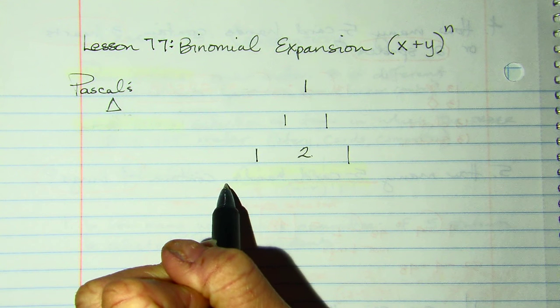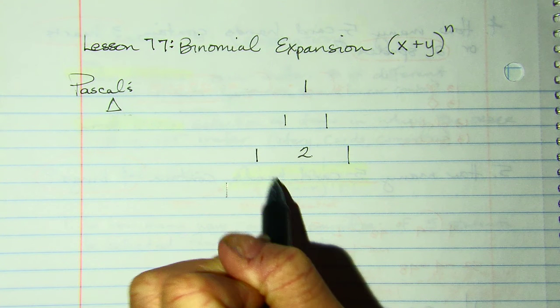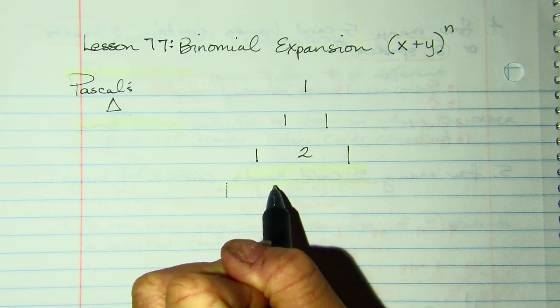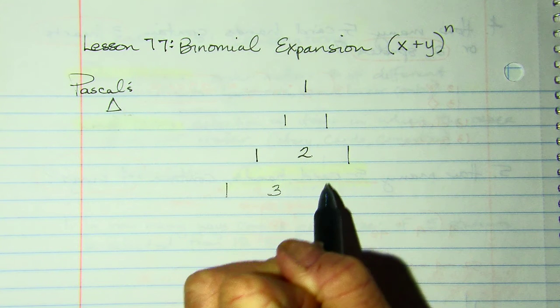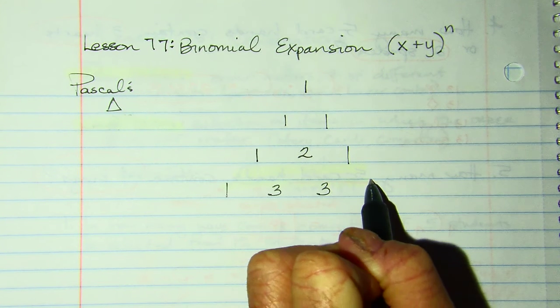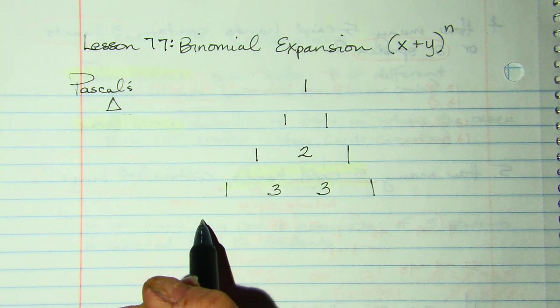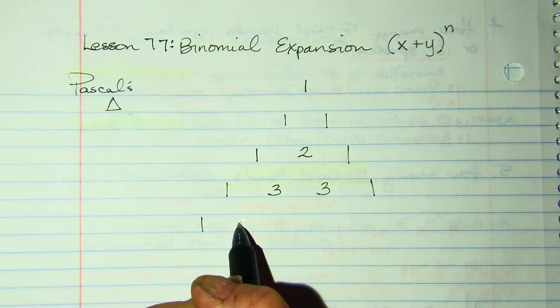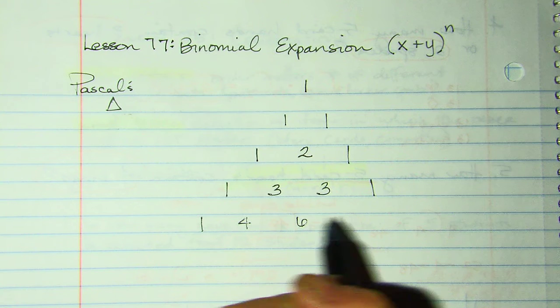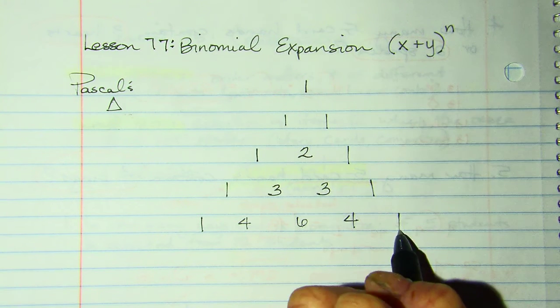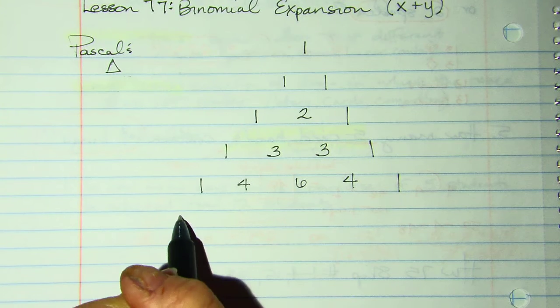Next row, every row begins with a 1, but the next number is the sum of the two above. So 1 plus 2 is 3. 2 plus 1 is 3, and every row ends with a 1. And we stagger it so that it forms a triangle. So the next row begins with a 1, the sum is 4, the sum is 6, the sum is 4, the sum is 1. And we can keep going indefinitely.